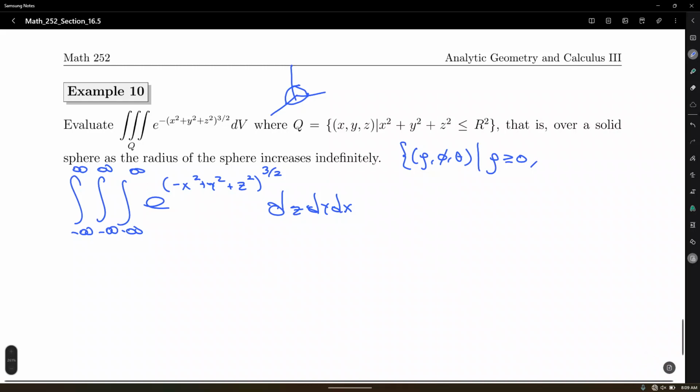Well, what about the angle? Phi, the drop down angle. What do you think about the limits for the azimuthal angle, the drop down angle? Any ideas? How would they change? I think we're considering the entire sphere here, right?